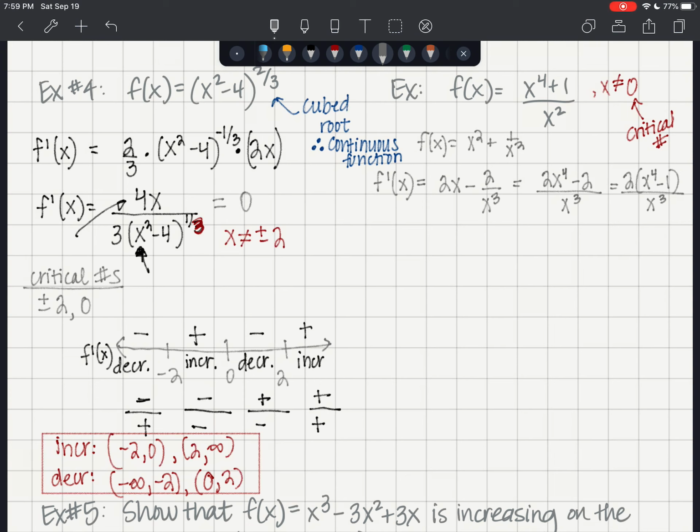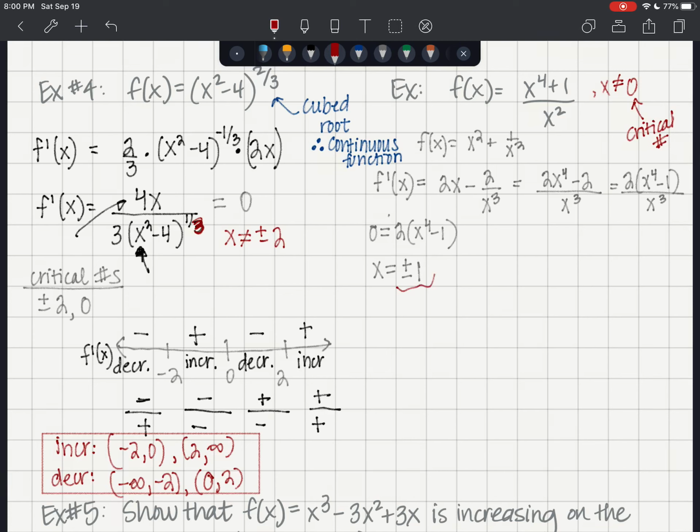So one of our critical numbers is 0. Now, the next one is going to be coming from setting the first derivative equal to 0. So I'll have 2 times x to the fourth minus 1 equals 0. Because when you have a fraction, it's the numerator equaling 0 that gives you a value of 0. So x to the fourth minus 1 equals 0 means x equals plus or minus 1.